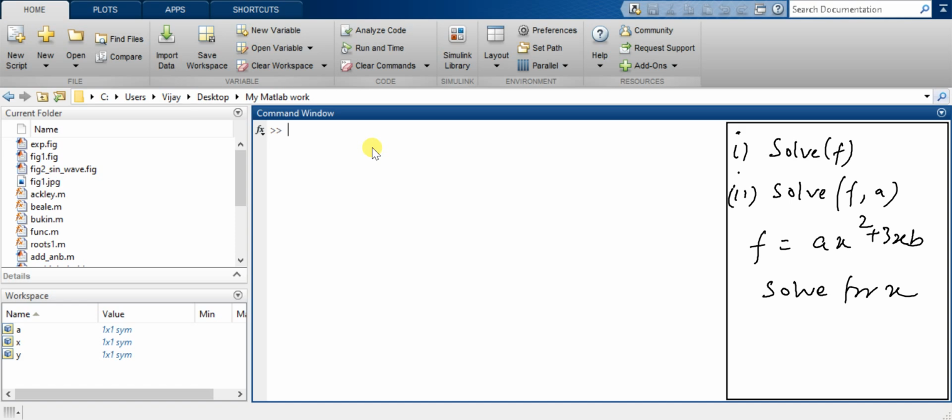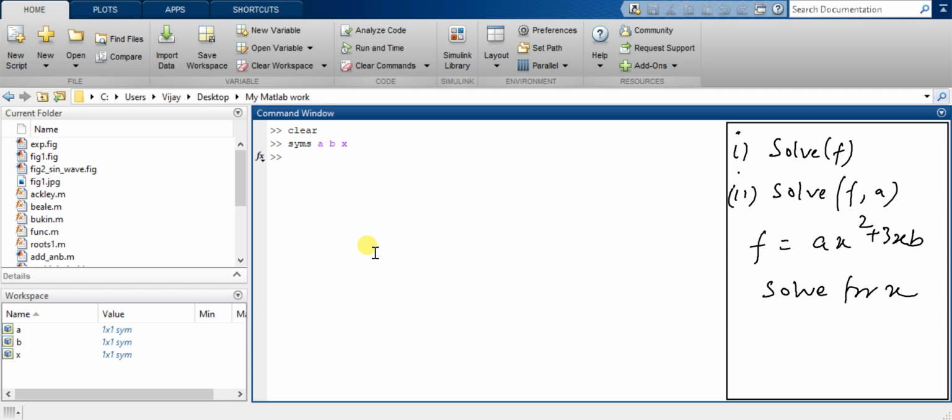First I will clear the workspace and define three objects, that is a, b and x.